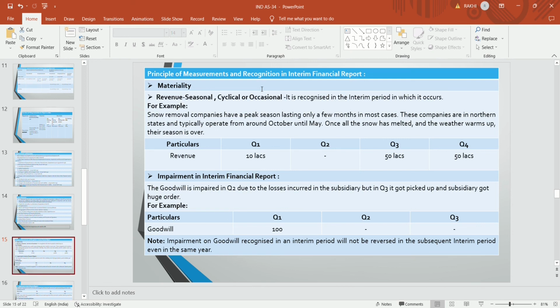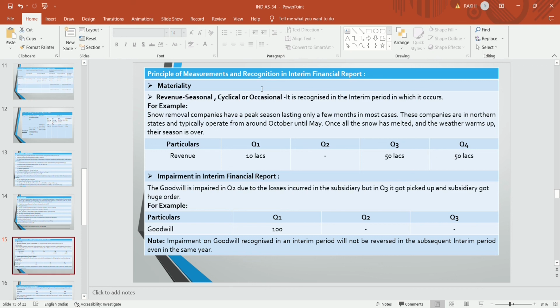From October to May they are operating to remove the snow from the land. Once all the snow has melted and the weather warms up, their season is over. So their work is to remove the snow from the covered area where the snowfall occurs, and their work is to remove that snow.